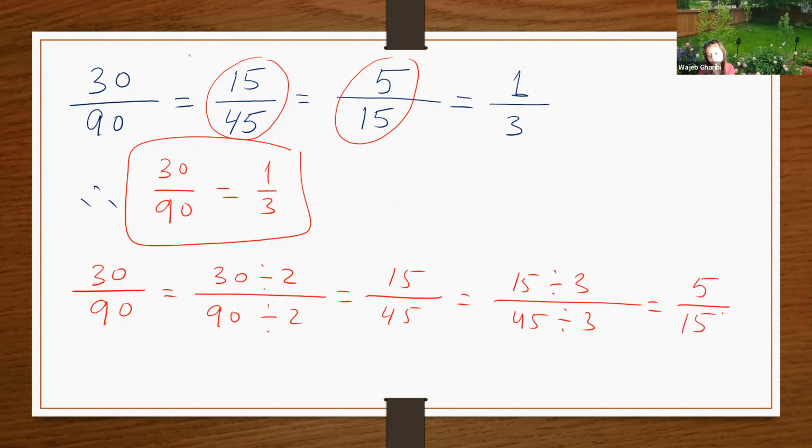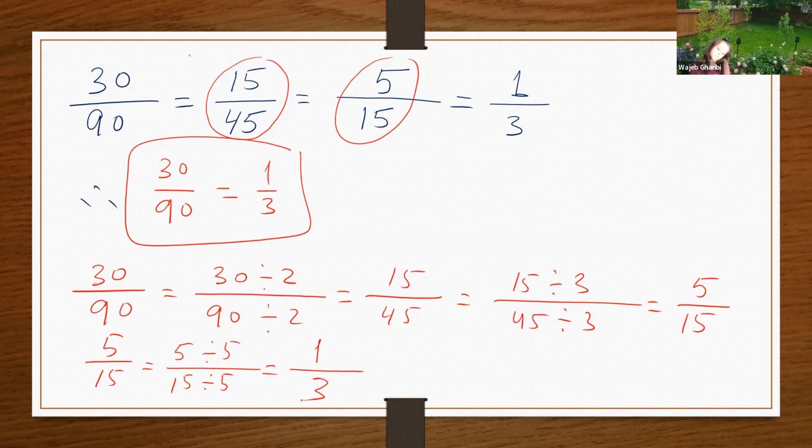Then we take 5 over 15 and divide 5 by 5 and 15 by 5, and we got 1 over 3. You see how many divisions we have done.